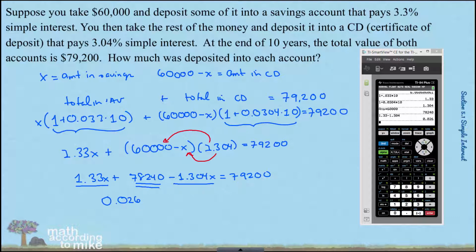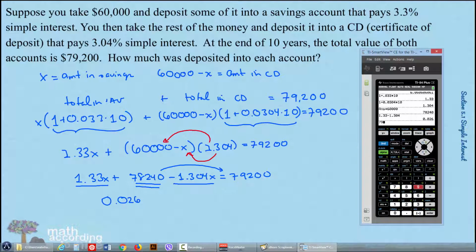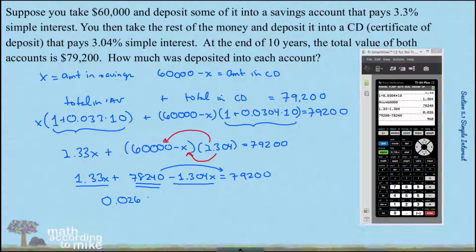We can bring that to the right by subtraction, and we would get 960. Dividing both sides by 0.026, oh, I forgot my X here.